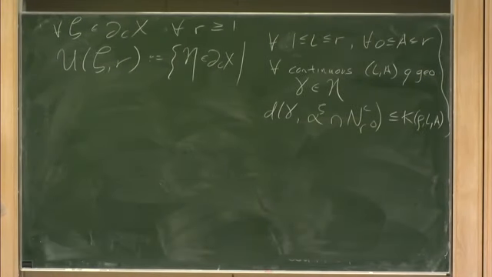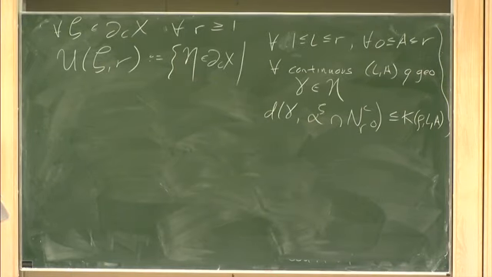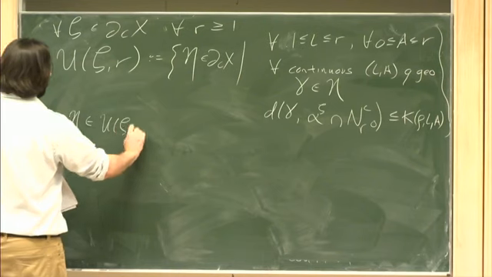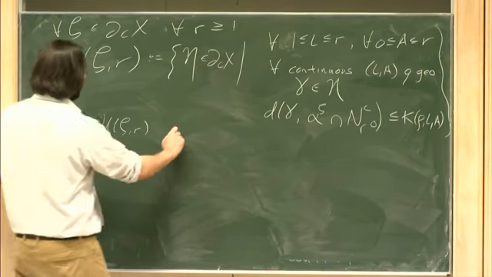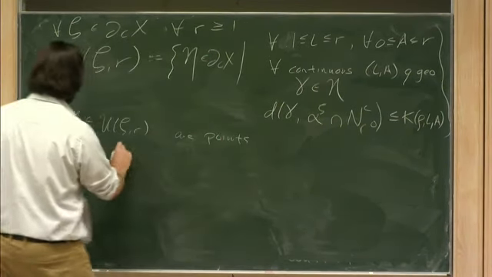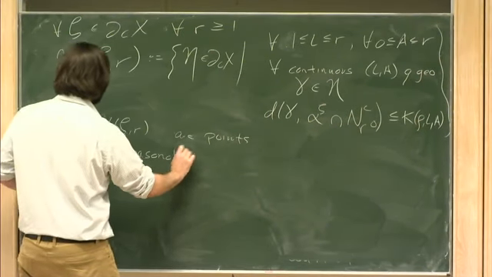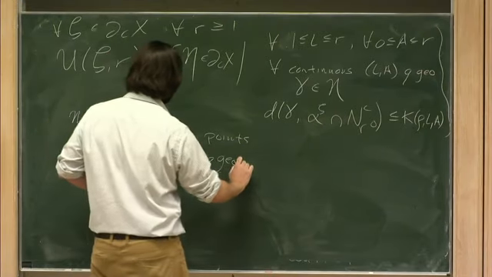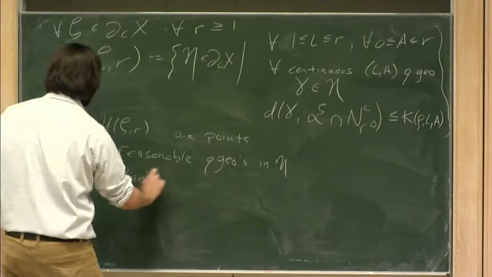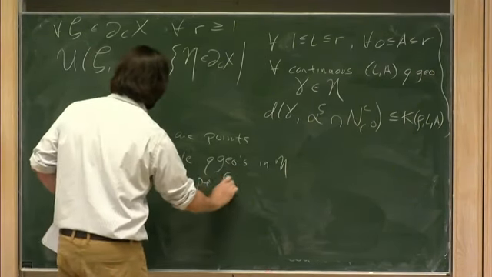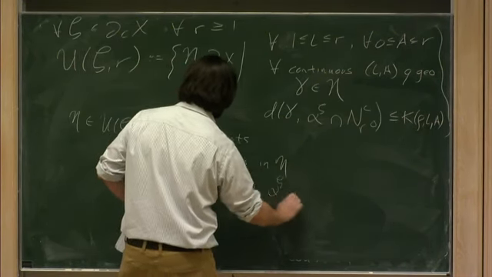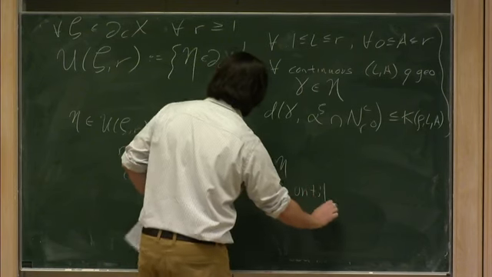So there is the full definition. Let me say it in words now. What are the points eta in U of zeta of r? Well, they're the points so that all of the reasonable quasi-geodesics in eta can't escape from alpha of zeta until after distance r.